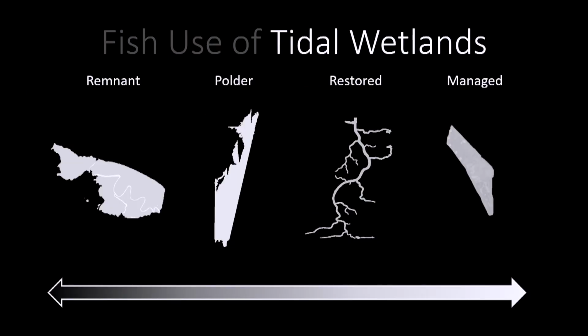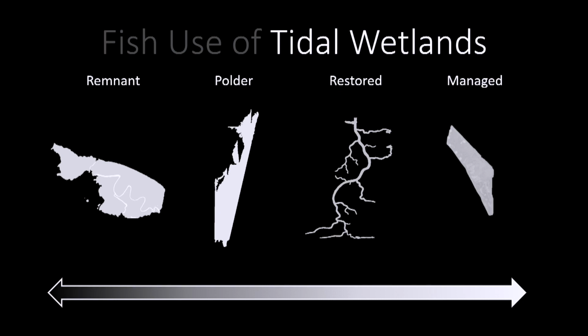And then finally, to go full circle and set expectations for the title, we're not just talking about restored wetlands today. We're talking about the range of different wetland configurations that we have in the San Francisco estuary.